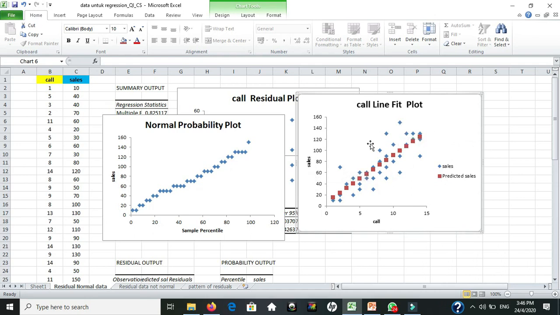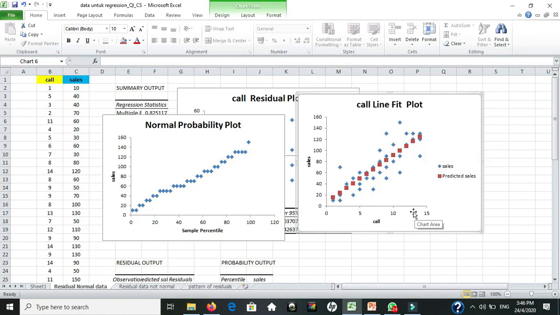The blue one represents the real data that we plot, X and Y data, whereas the brown color is the predicted sales or the Y estimated line, which refers to the regression line.